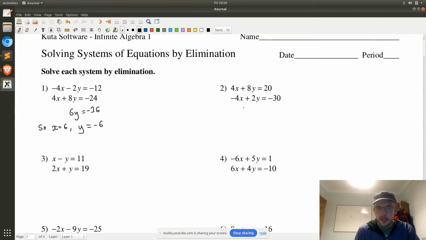Over here, add. So y is negative 1. And then 28, so x is 7.